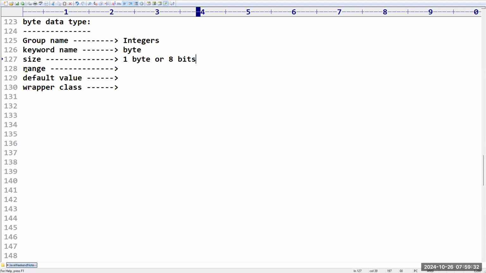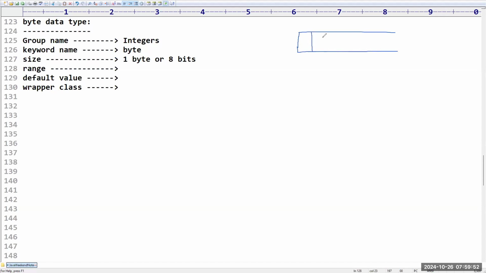Sir, now what is the range? Only for byte data type, I will explore. For remaining data types, there is a shortcut. How internally it is going to calculate, we need to understand. Sir, 8-bit means what? In the memory, it will be created like this.